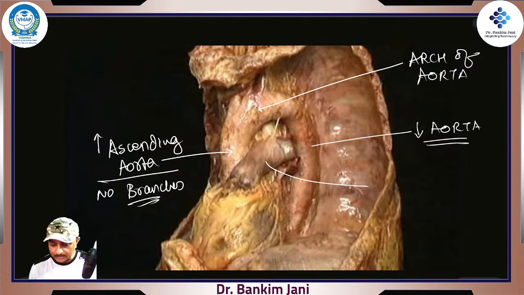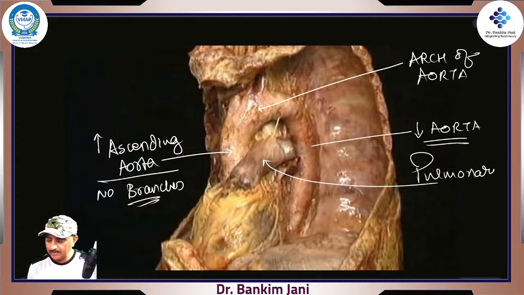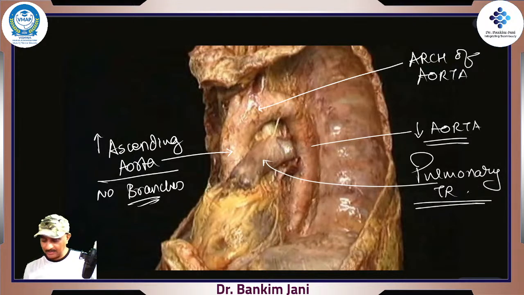Now this portion is the pulmonary trunk, right? Pulmonary trunk comes out of the right ventricle.